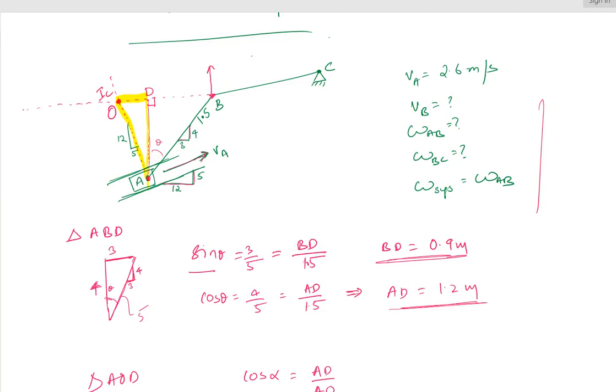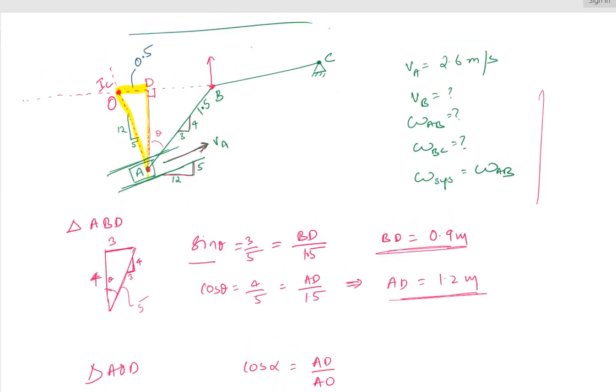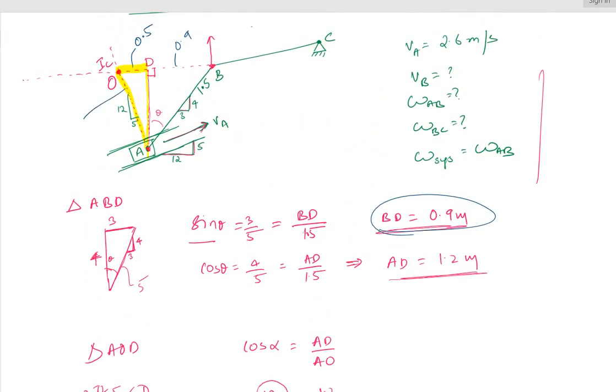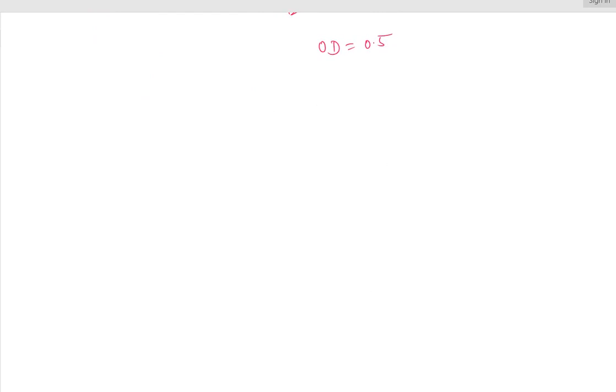BD is 0.9. AO is 1.3. These are the numbers we need because those are the radii for V equals R omega. Now let's go ahead and apply that.